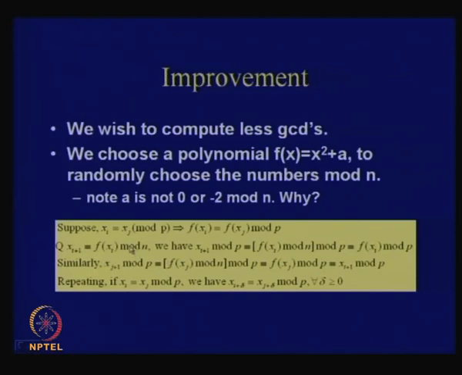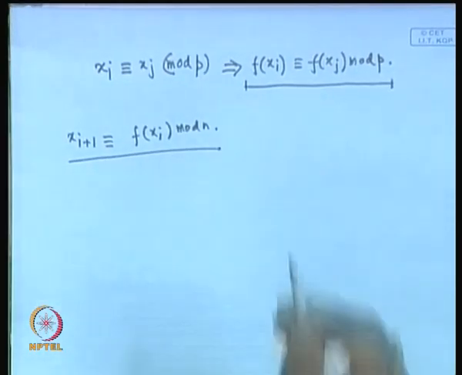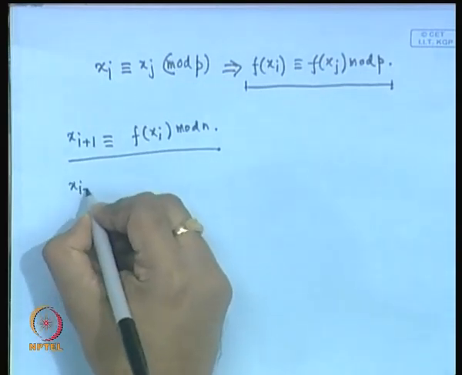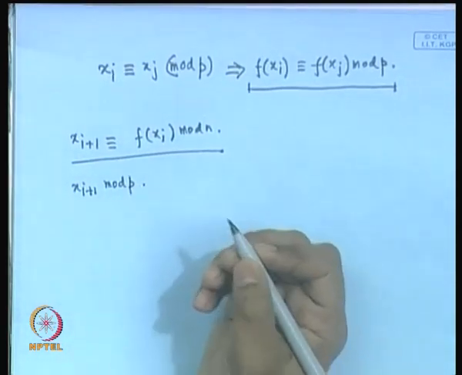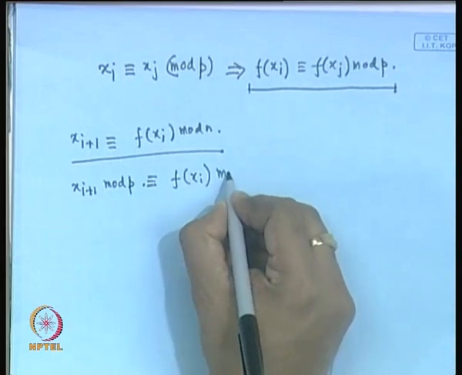What you do is compute mod p on both sides. Suppose you have this result, x_{i+1} equal to f(x_i) mod n. I compute x_{i+1} modulo p, and this should be equal to f(x_i) modulo p.